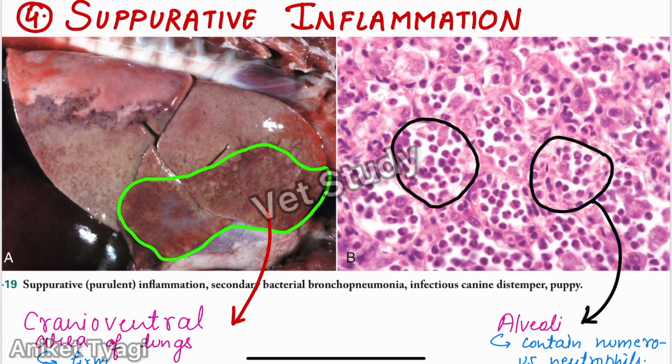An abscess can be seen grossly, but when the abscess size is very small and not seen by naked eyes, we call it a micro abscess. Okay, so this is part of suppurative inflammation. Examples of suppurative inflammation are abscess in the brain of a horse in case of Streptococcus equi infection, a very common infection.